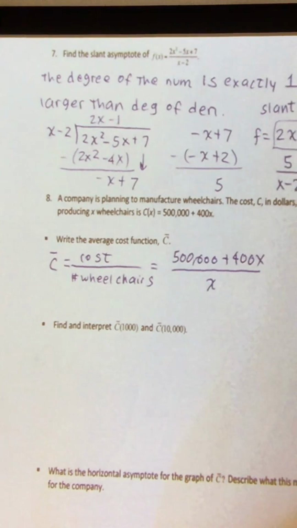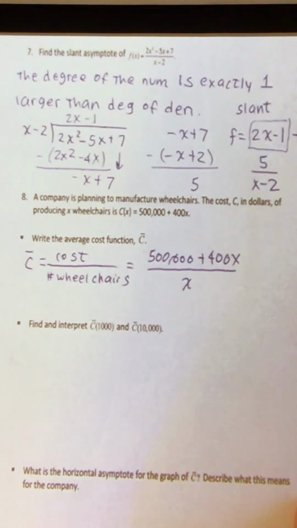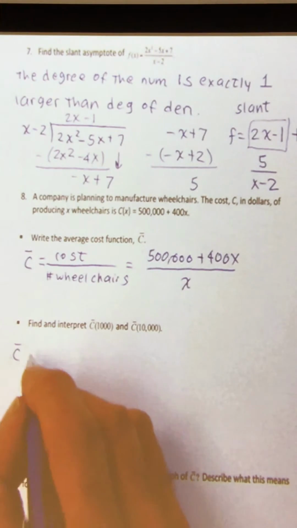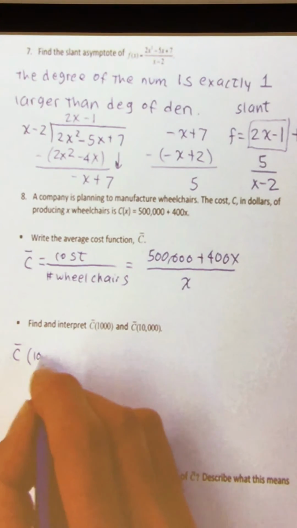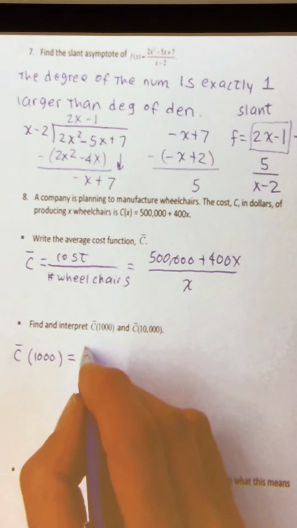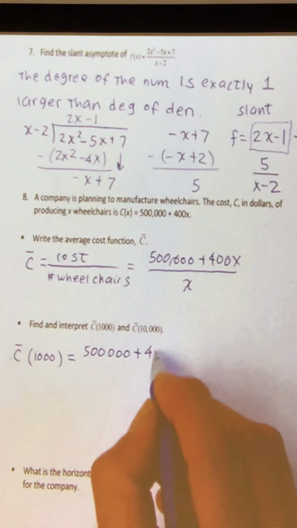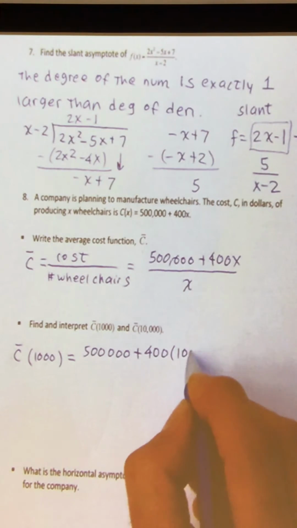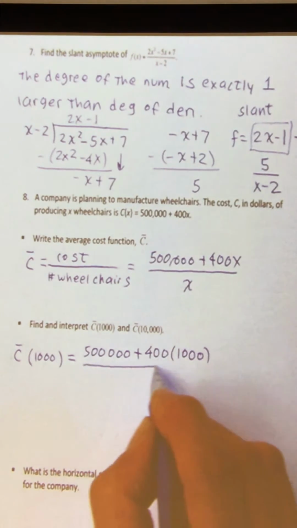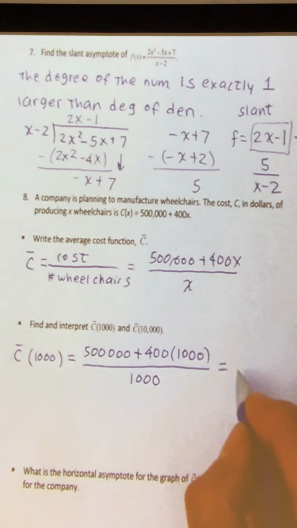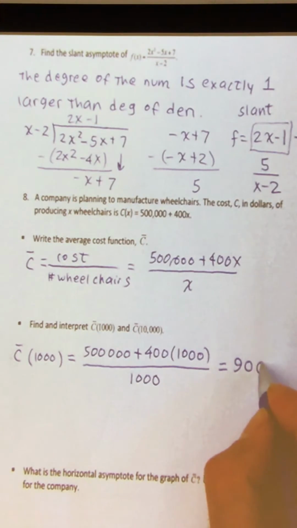We now wish to interpret C bar of 1,000 and C bar of 10,000, the average cost at each of those production levels of wheelchairs. C bar of 1,000 will be 500,000 plus 400 times 1,000, all divided by 1,000. And upon doing the arithmetic, we get 900.